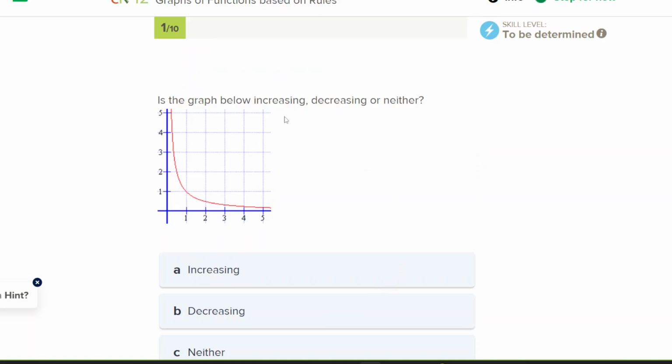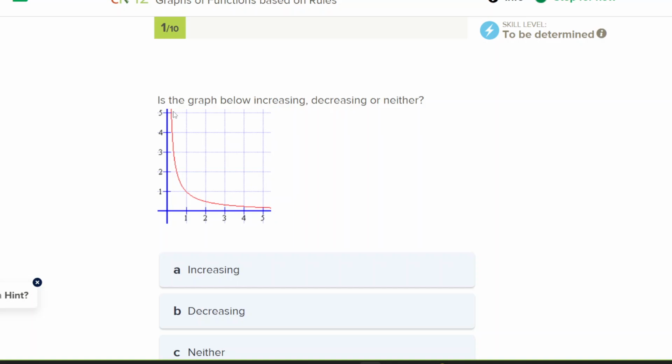All right. Next example, another graph. And using these same terms, is the graph of this red function increasing, decreasing, or neither? Once again, when we're asked that question, look at it from left to right on the xy plane. As the x coordinates increase, as I go from left to right, what's happening to the y coordinates, the values of the function?